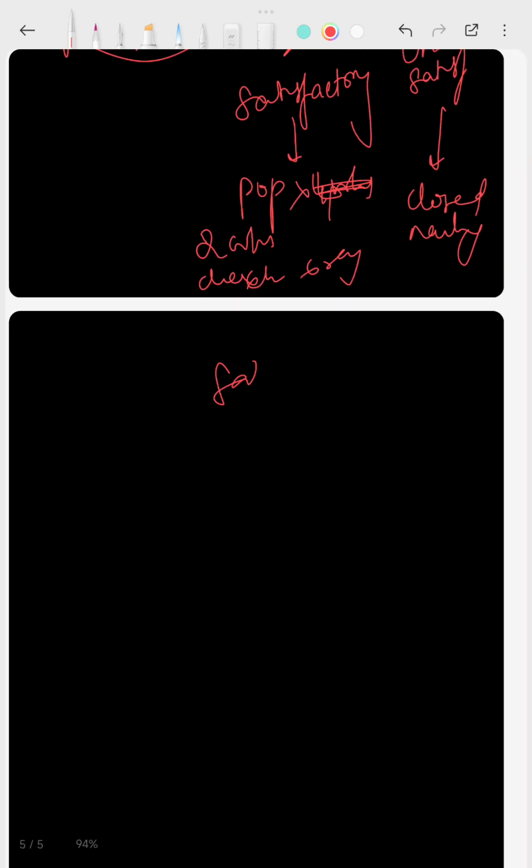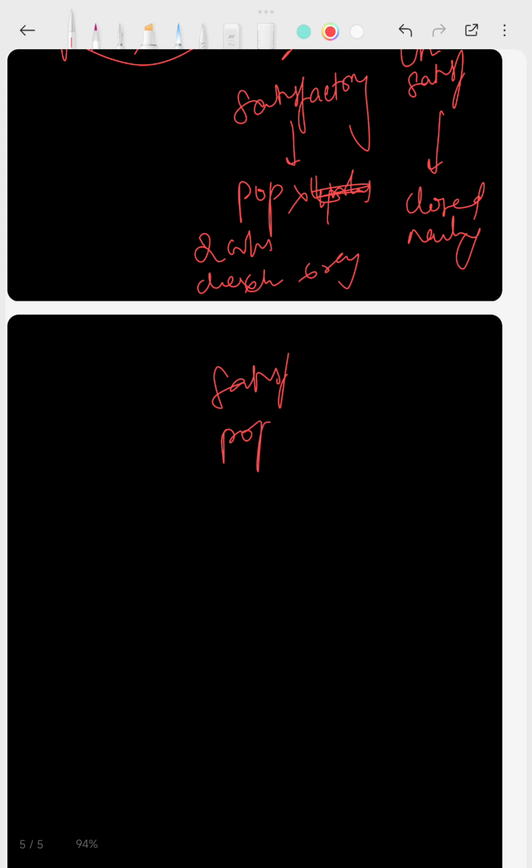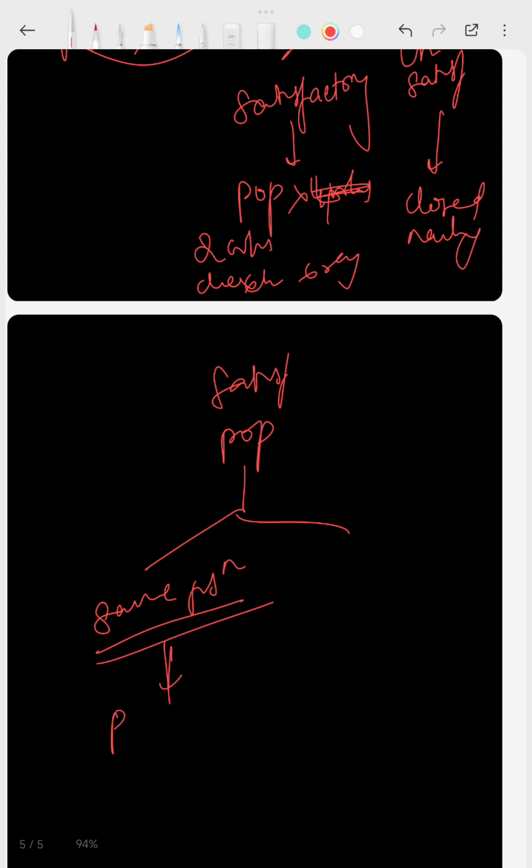If the result is satisfactory after POP, if it is in the same position and not displaced, then you will continue POP for another 12 weeks and patellar tendon brace for 6 weeks, 4 weeks if required.